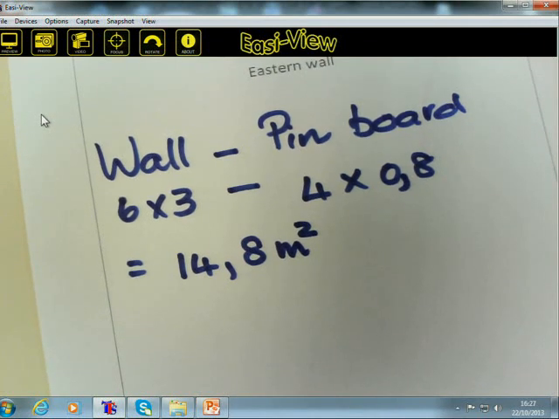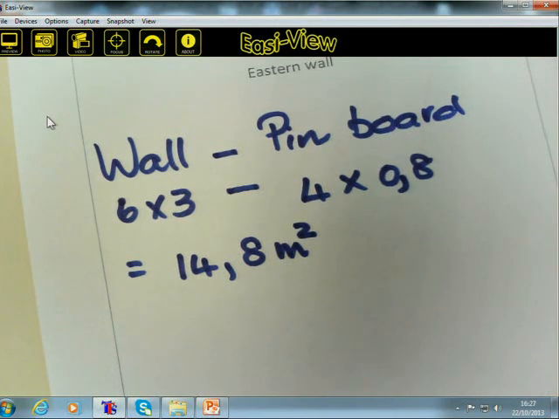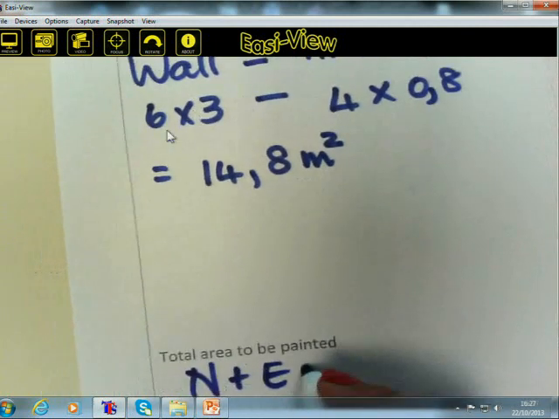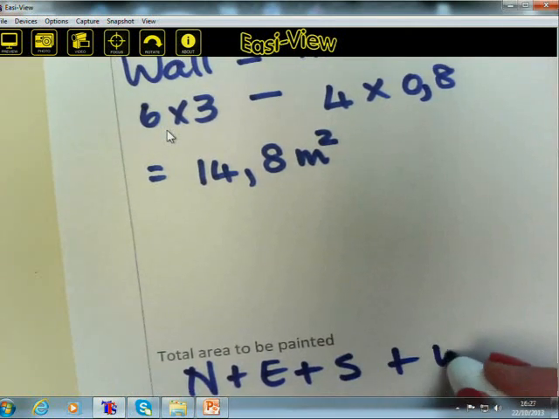Now they want us to give the area of the whole, the total area. So we have to add all of them. We got the first one as an example. In the first one, the northern wall, north plus east plus south plus west.